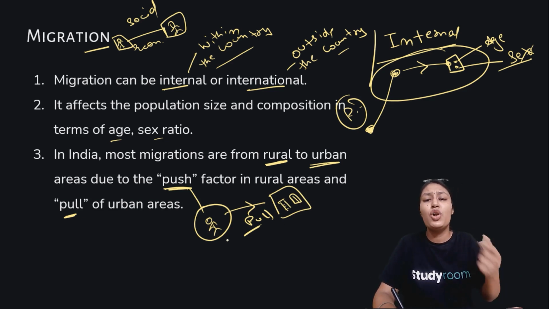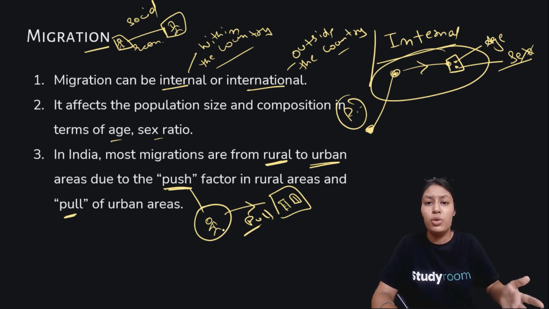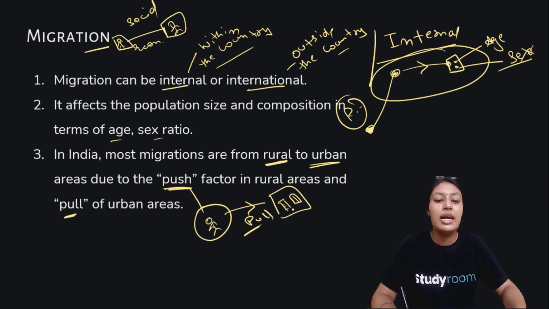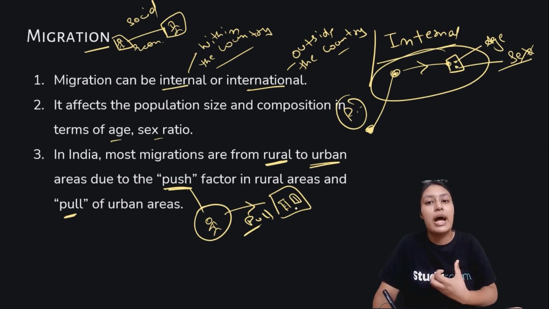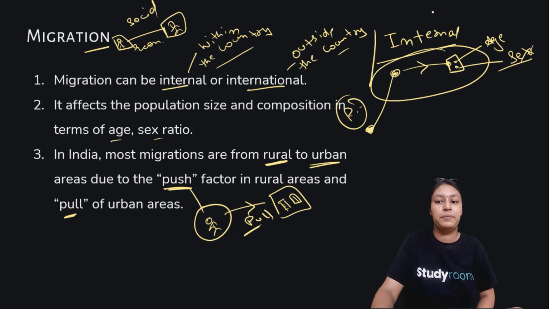For example, you will not get medical treatment of a very high profile surgery in rural areas, but you will easily find it in urban areas. So these are some push factors in rural areas for why people migrate from rural to urban areas, and urban areas have pull factors which attract the population.